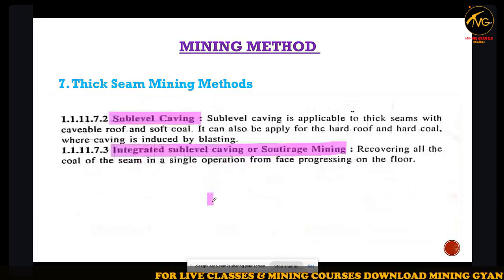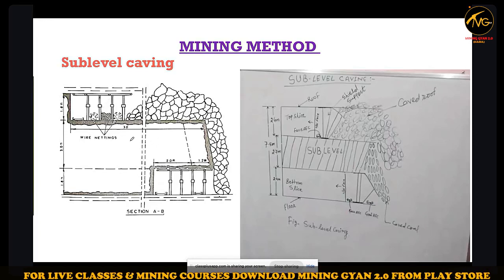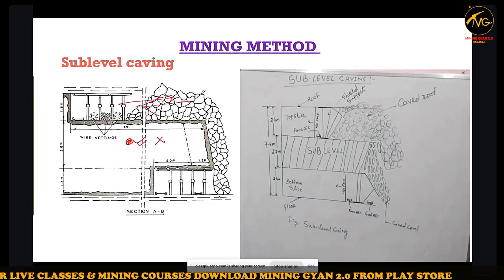Then we have seen sub-level caving. In sub-level caving, I told you the working is in three phases. The second sub-level slice we do not touch. We will use long wall retreating, and in the bottom we also use long wall retreating.